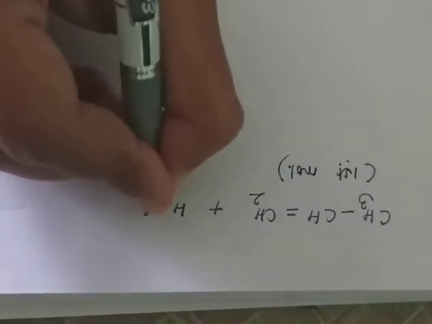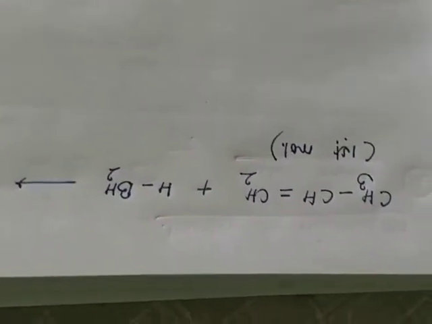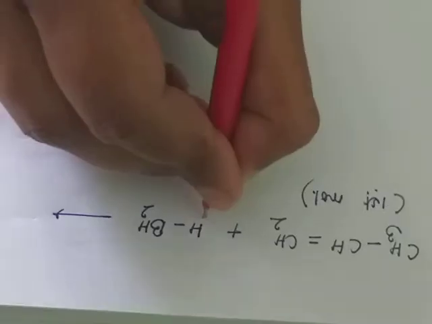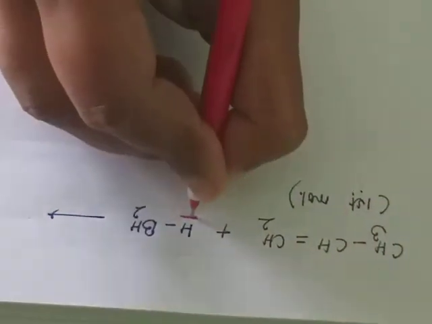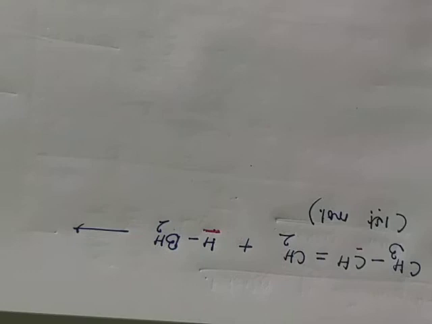BH3, I am writing it as HBH2. So this addition would take place as per anti-Markovnikov's addition. So hydrogen will go to the carbon having the lesser number of hydrogens, means hydrogen will go to this carbon and BH2 to this carbon.